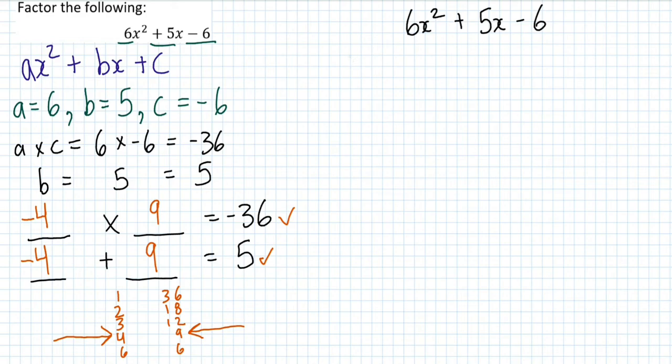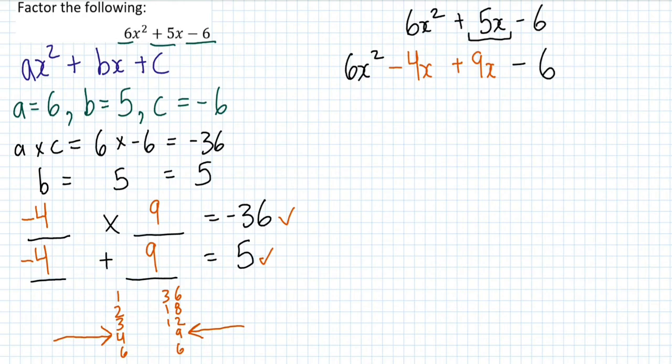So that gives us 6x squared minus 4x plus 9x minus 6. All we did was take that middle term and write it with -4 and 9 instead of 5. -4x plus 9x equals 5x. We haven't changed the question or the expression. We've just made it a little bit longer.